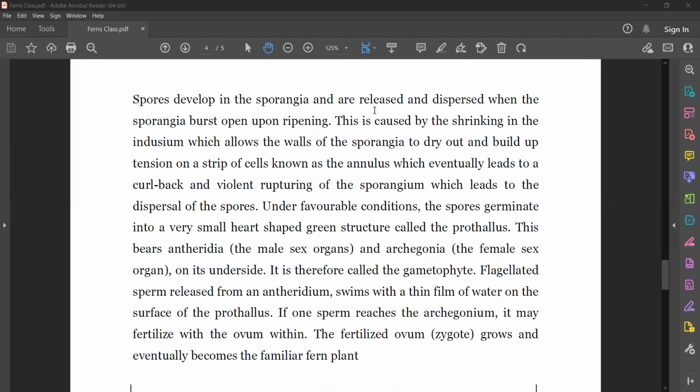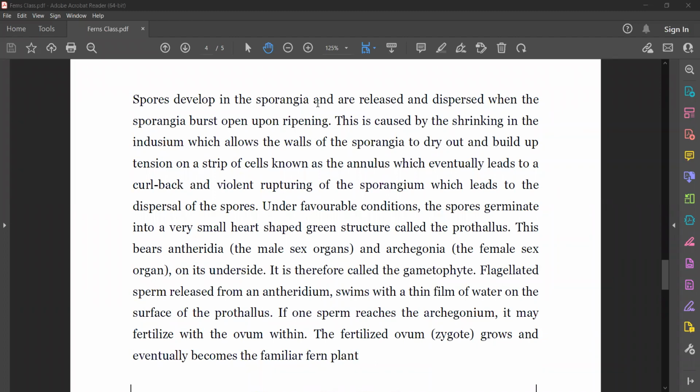Now, the spores under suitable conditions will fall on a substrate and develop into what we call a prothallus, which is a green heart-shaped structure. This structure is a gametophytic stage, or a gametophyte. Why? Because it bears the male and the female reproductive organs, known as the antheridia and archegonia, respectively.